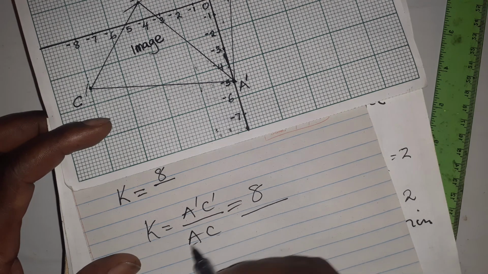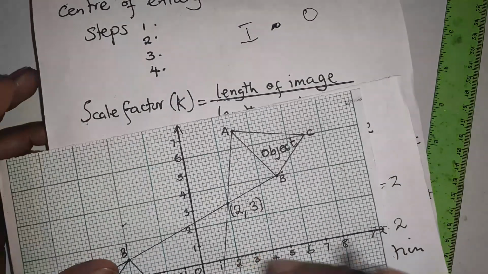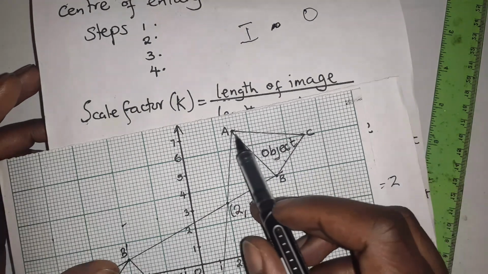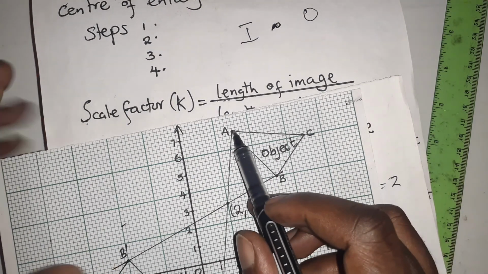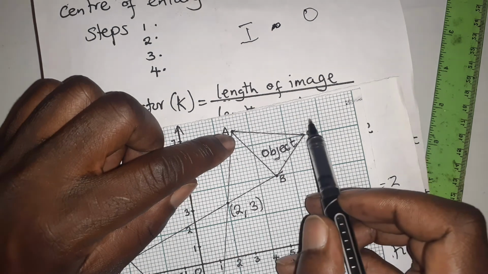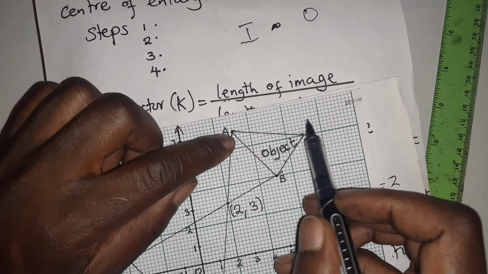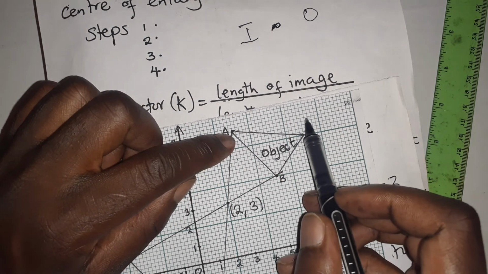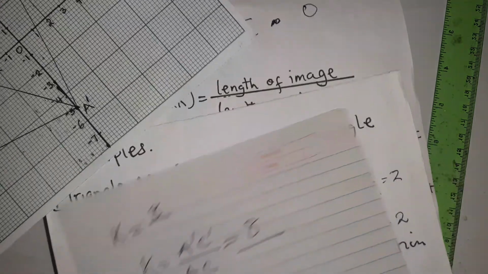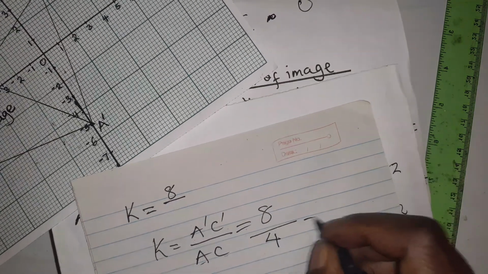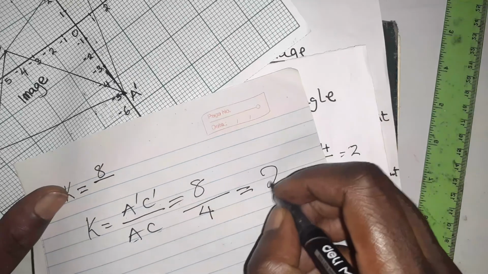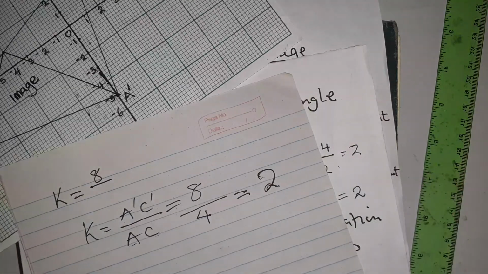Then we go to this side, AC, from A to C. You can use the straight line from this point up to this one: 1, 2, 3, 4. So this is 4 here. When you divide, we are getting 2.